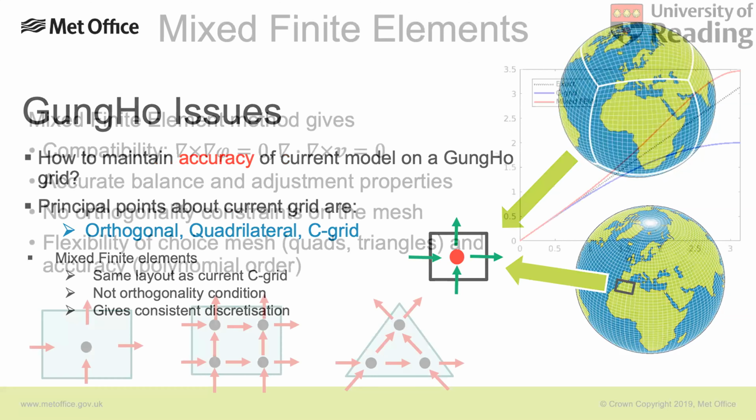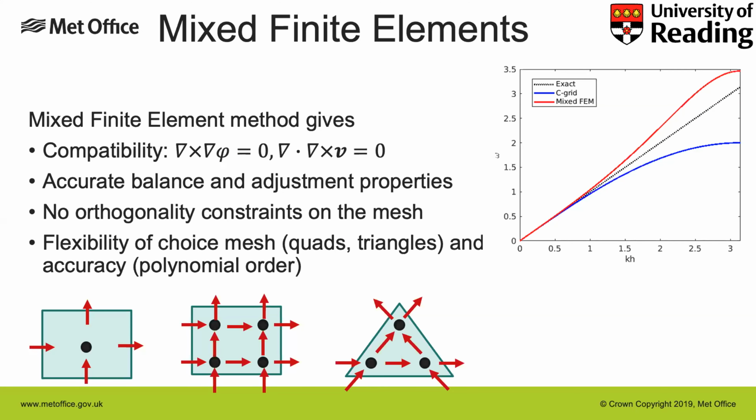So a little bit more on this mixed finite element method. It gives compatibility, which is given by those mathematical expressions we see there. It gives accurate balance and adjustment properties. There are no orthogonality constraints on the mesh, and this does give us flexibility of choice of mesh. So we could do quads, or we could do triangles, and for the accuracy, we could choose different polynomial order.